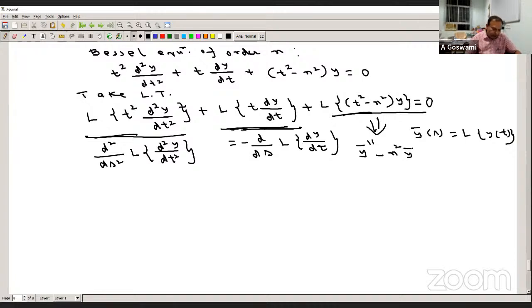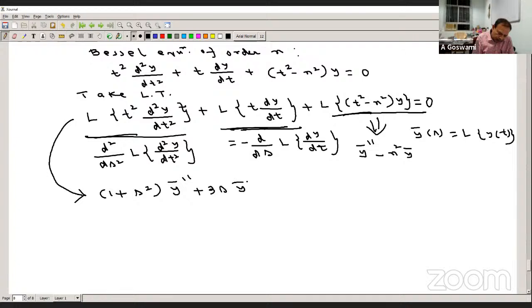So if you put these three values, then your original equation you will obtain as 1 plus s square into y bar double dash plus 3s y bar dash plus 1 minus n square into y bar equals 0. So using Laplace transform, you are converting it into y bar, where y is nothing but the inverse Laplace transform.